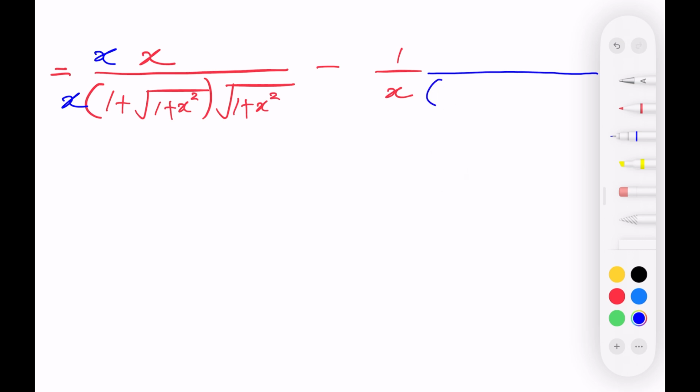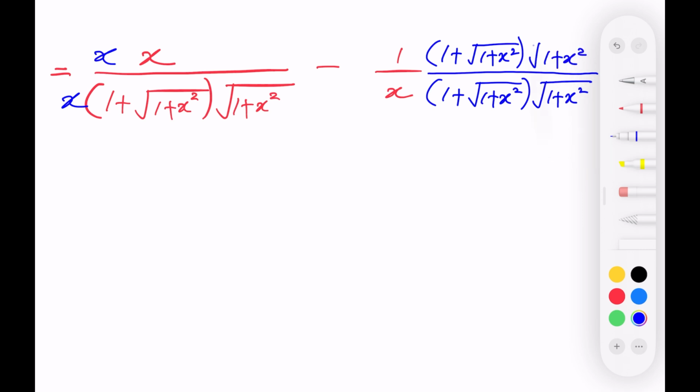That means I need to multiply that by 1 plus square root 1 plus x squared times square root 1 plus x squared. I need to multiply both top and bottom by that. So let me write it down one more time. 1 plus square root 1 plus x squared times square root 1 plus x squared.